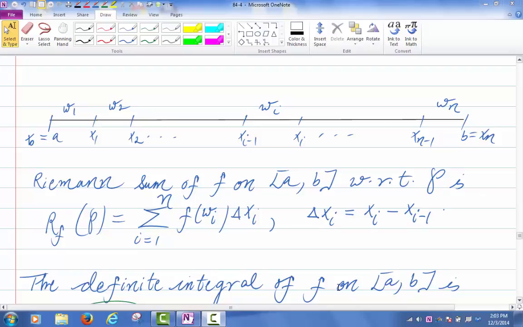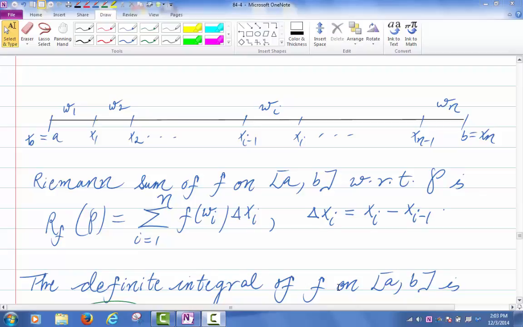It is defined on the interval from a to b, and we take a partition of the interval from a to b, and the partition divides the interval into smaller subintervals, right? So the partition points are x0, x1, x2, xi minus 1, xi up to xn, and then from each subinterval we pick a sample point.